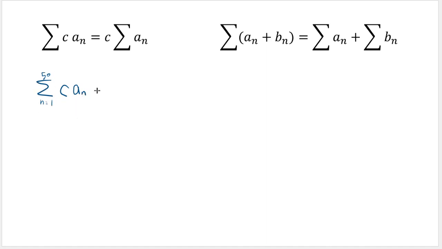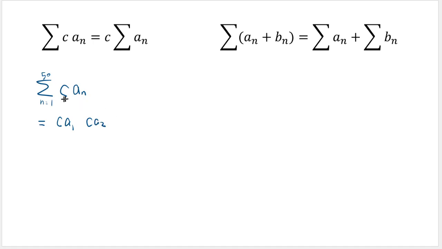But what's really important is that because this is a shorthand, to actually understand why it's possible to move the c outside, you actually have to write the longhand, which is that n is 1, evaluate, so you get c times a1. Then increase n by 1, so it's 2, evaluate, it's c times a2.